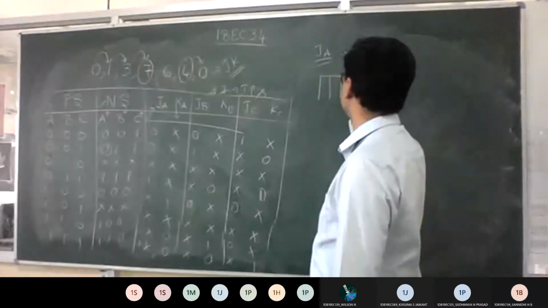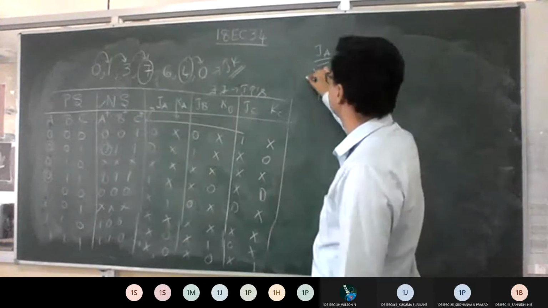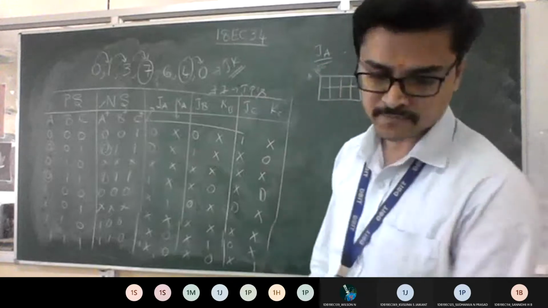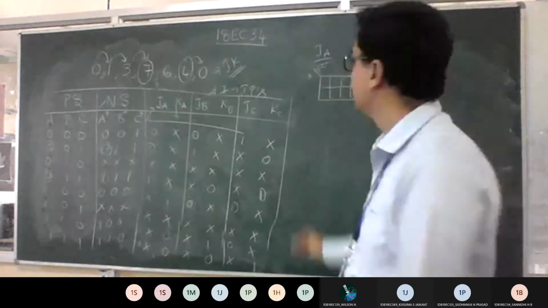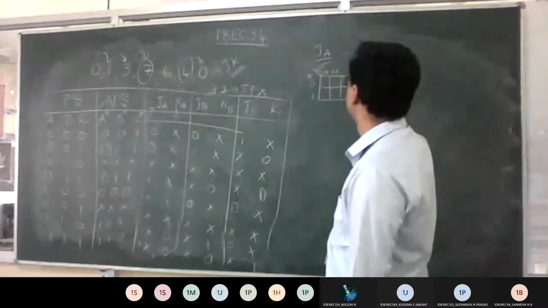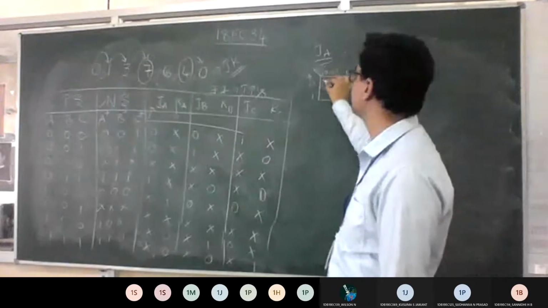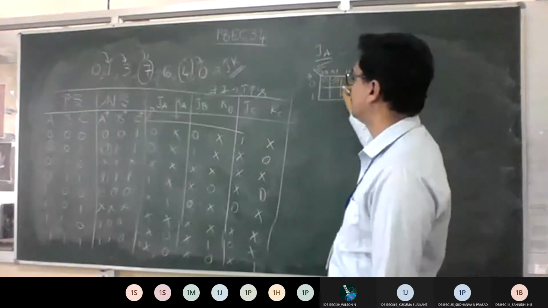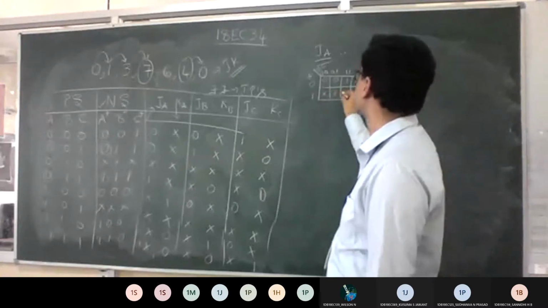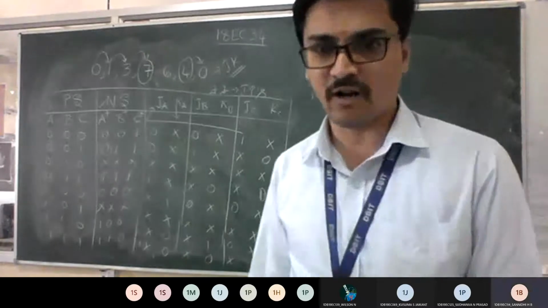I want to fill up the remaining. I am going to consider the inputs A, B, C, with combinations 0, 0, 1. I hope you remember the K-map, right? So no problem with plotting the K-map. Let me fill 0 is 0, then 0. I think it's x1 and the remaining are all x. So how can you group it? Is it a pair, quad or octet? Which one?